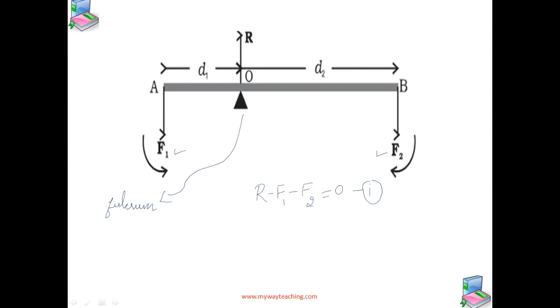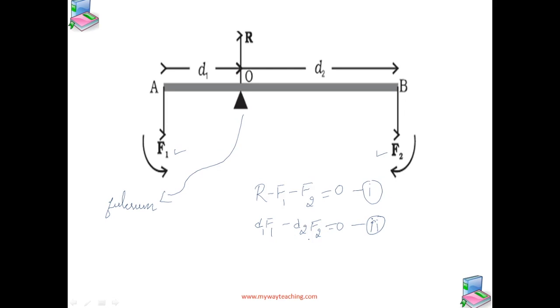For considering rotational equilibrium, we take the moments about this fulcrum. The sum of the moments must be 0, that is, d1 F1 minus d2 F2 must be equal to 0.